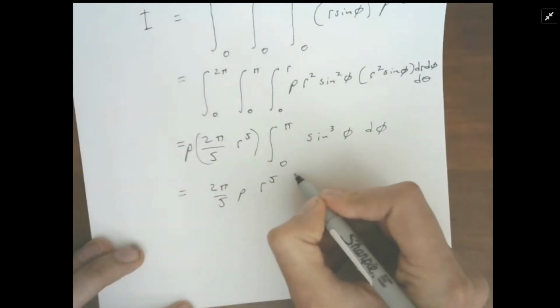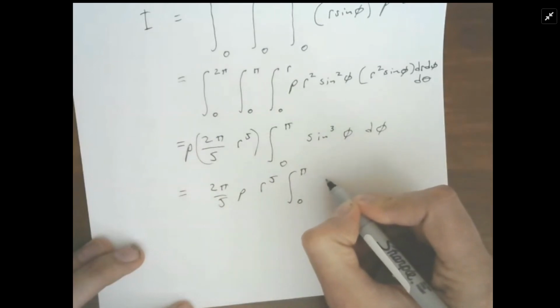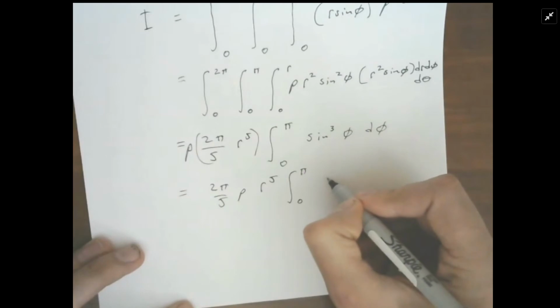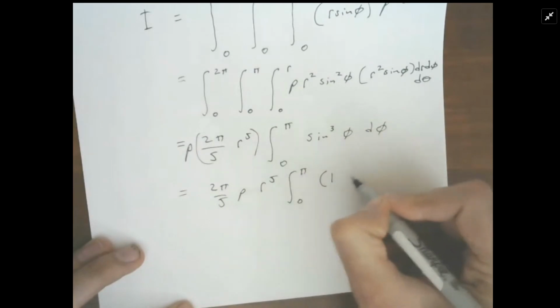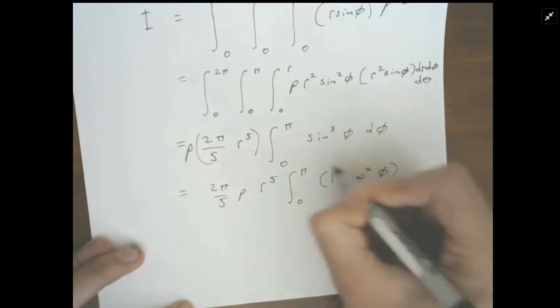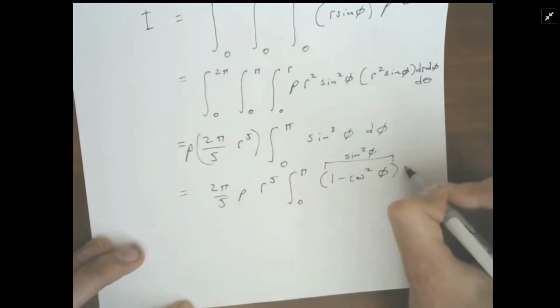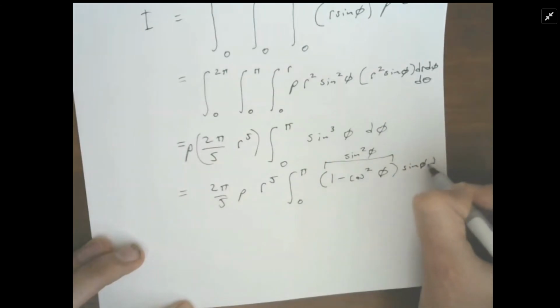Now for this, I'm going to factor out sine squared, and I'm going to use the identity that that's 1 minus cosine squared phi. And then I have an extra factor of sine phi.